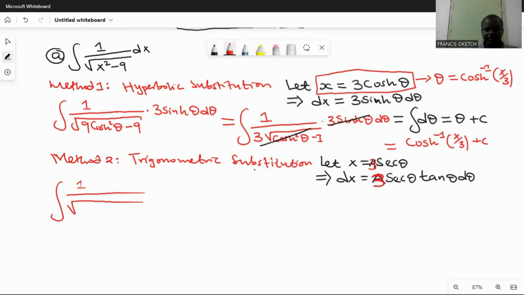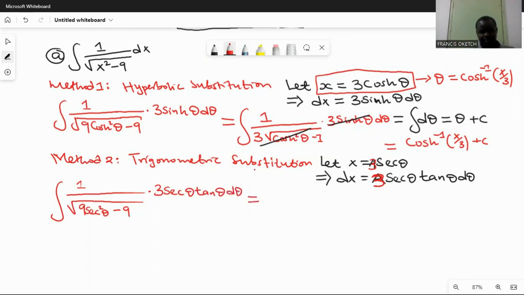So x squared will be 9 sec squared theta, then there's a minus 9, times dx, which is 3 sec theta tan theta d theta.